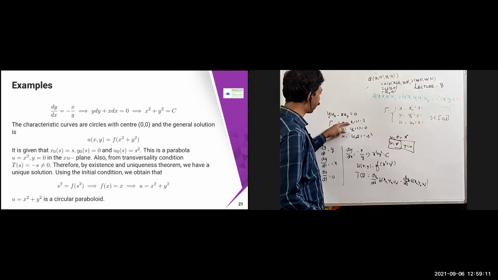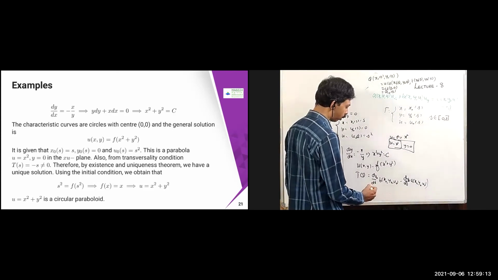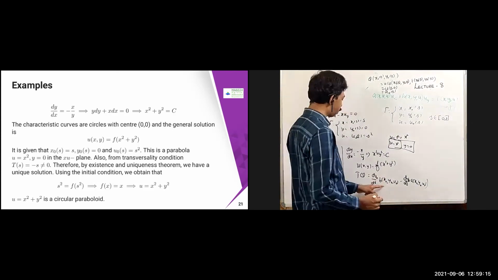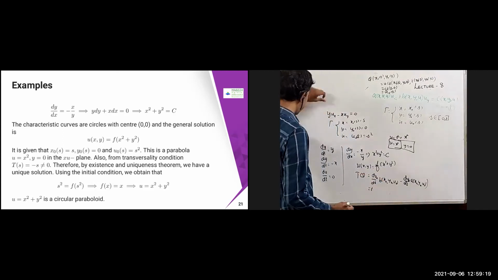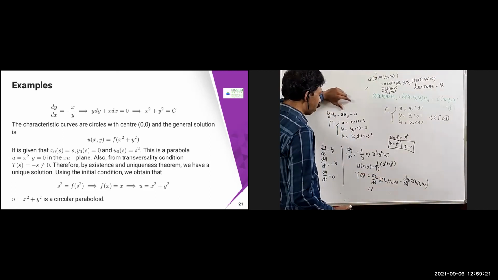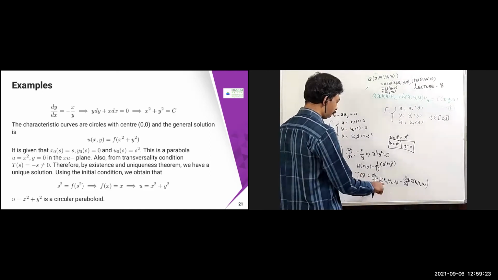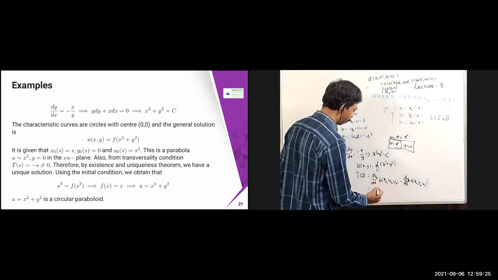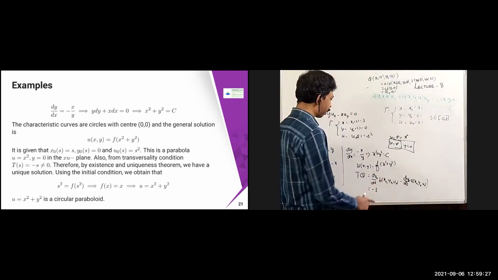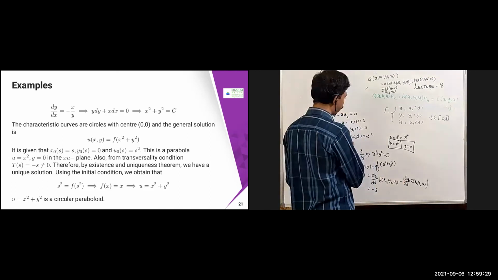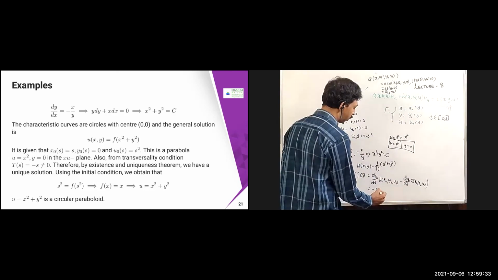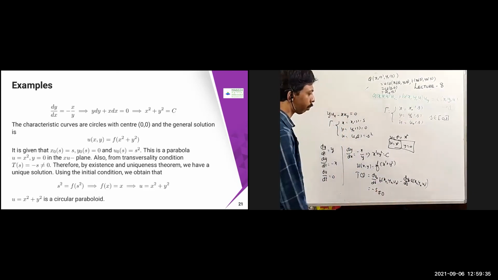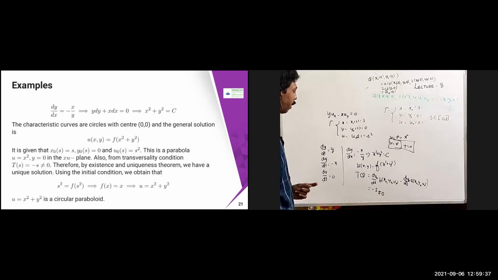That is nothing but 1. And b is nothing but minus x, so minus s is going to come. Minus dy naught by ds: y is already 0, so this term is not going to be there. So minus s is going to come, and T of s is not equal to 0.